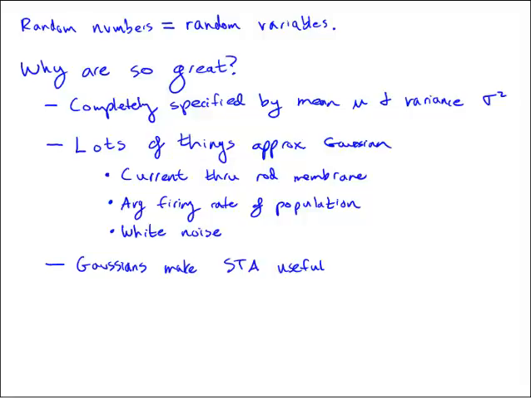If your distributions are non-Gaussian, the STA won't always give you a good measure of the stimuli that are causing your neuron to spike. Instead, you have to go to more complicated analyses like spike-triggered covariance or maximally informative dimensions. And those can be a handful sometimes. So Gaussian stimuli and Gaussian distributed spike-triggered ensembles make life easier.